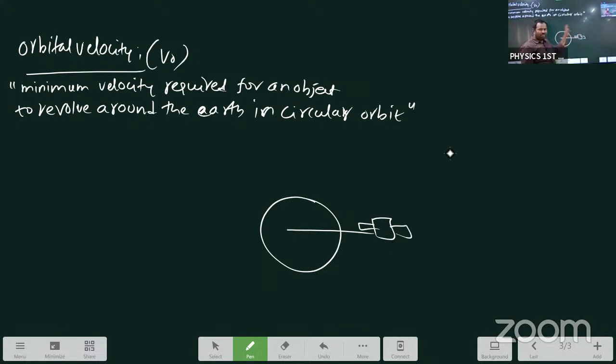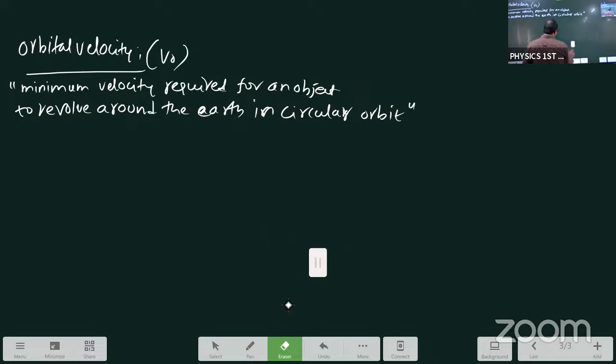Minimum horizontal velocity required for a satellite to revolve around the Earth, in the gravitational field, in circular orbit. This definition and that definition have almost the same meaning: for an object in a circular path, what is the minimum velocity? Minimum velocity required for an object to revolve around the Earth in circular orbit.